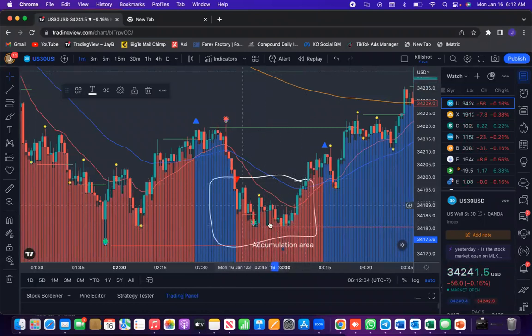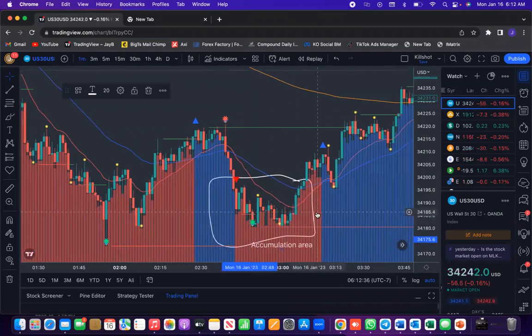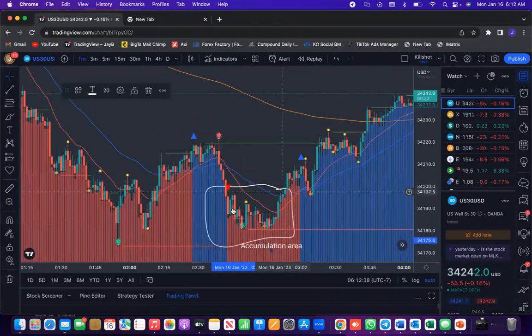If I am looking to maybe potentially grab this thing on the way up, I want to see it break out of this.